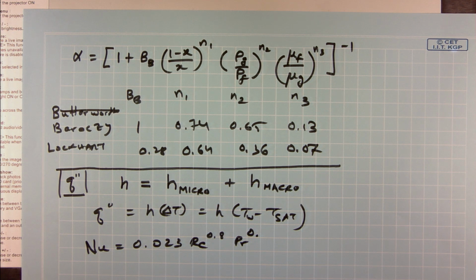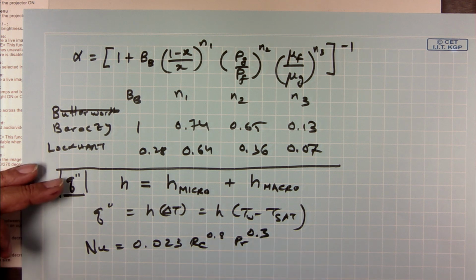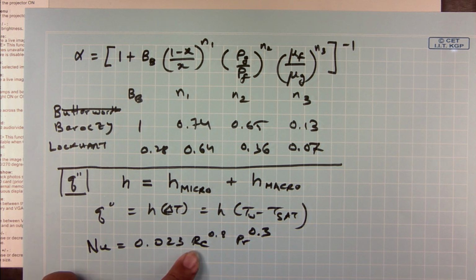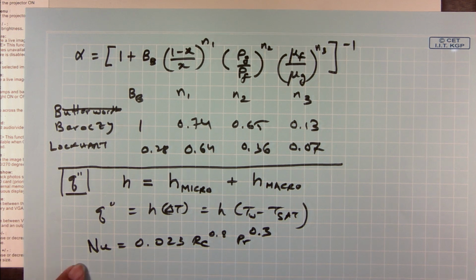Do we have heating or cooling? So, this should be 0.3, right. And as you can see over here, if you double the flow rate, my Reynolds number goes twice, and so my heat transfer coefficient goes roughly, 0.8 is close to 1, so my heat transfer coefficient will sort of double. So, that is my macro.